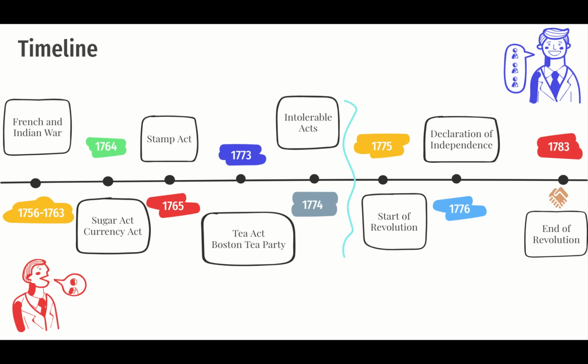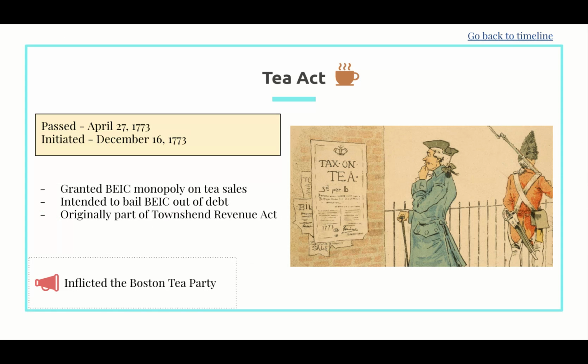In 1773, there was another act, the Tea Act, and that was met with more unrest and more protests. Tea was already being taxed as part of the Townshend Revenue Act of 1767, but everything was repealed except for the tea. The Tea Act was passed on April 27th of 1773.